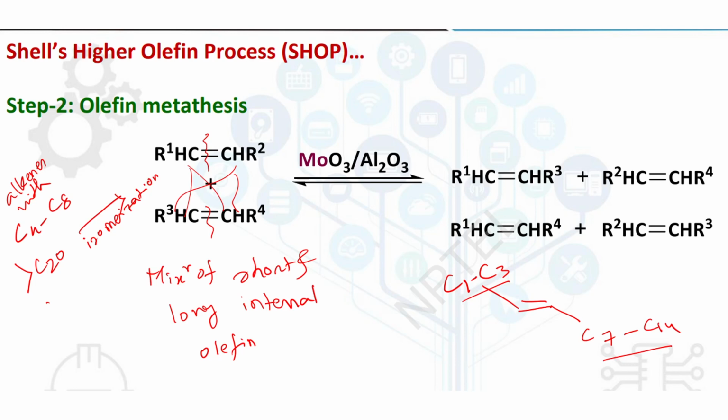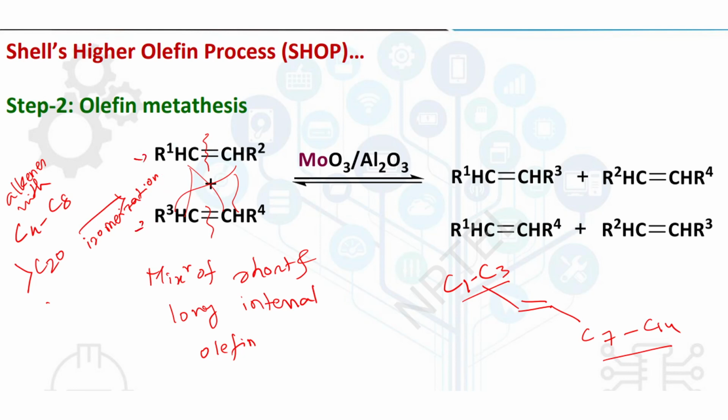Now, step two is your metathesis. Metathesis, we all know, with molybdenum oxide on aluminium oxide, that thing can happen. So the mix of short and long chains. So R1, R3. Let's say in the process you have formed these two particular polymers.